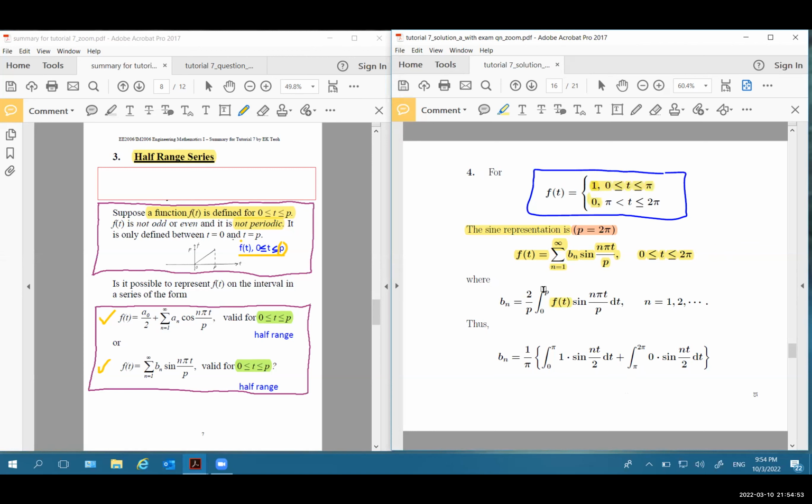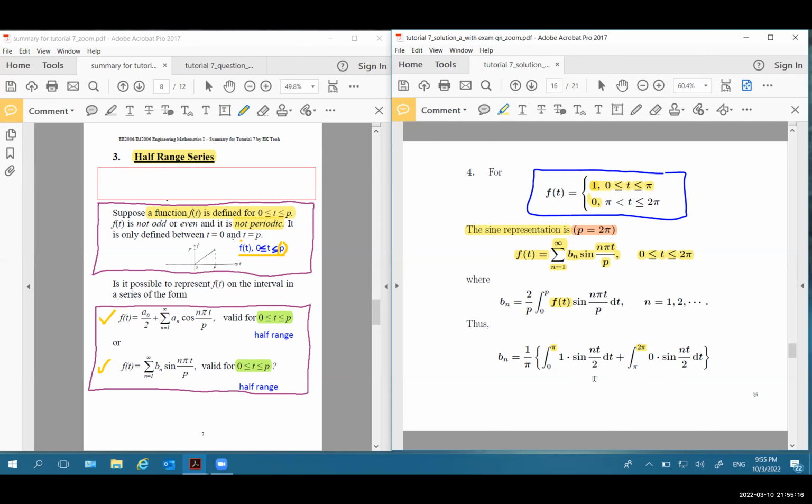So this one I need to split: 0 to 2 pi, I will split into 0 to pi, and then pi to 2 pi. Over 0 to pi, your function is 1. Pi to 2 pi, your function is 0. So this is how you do the Bn.